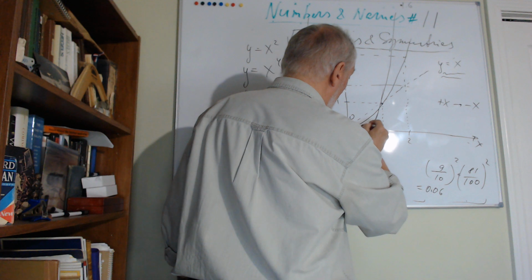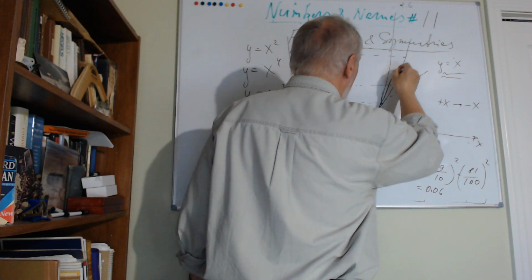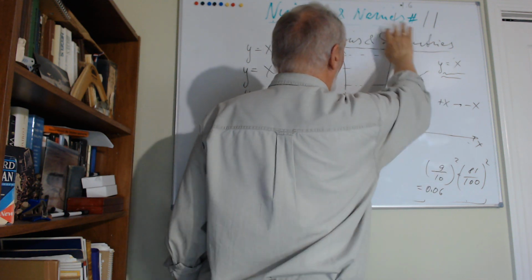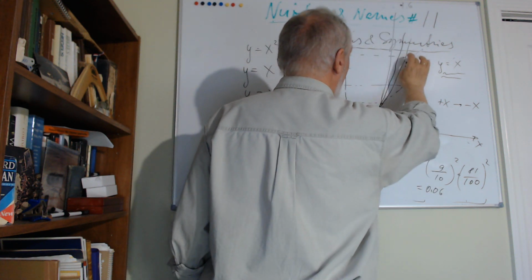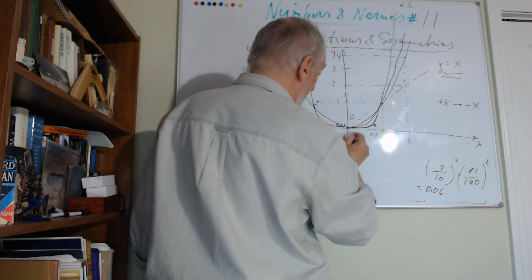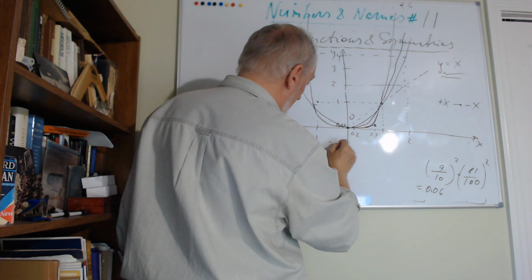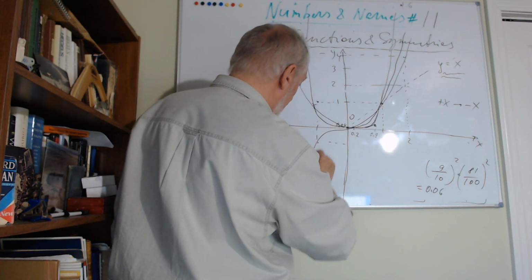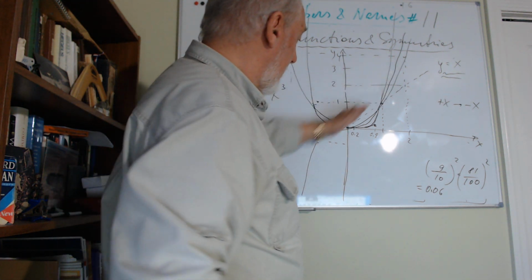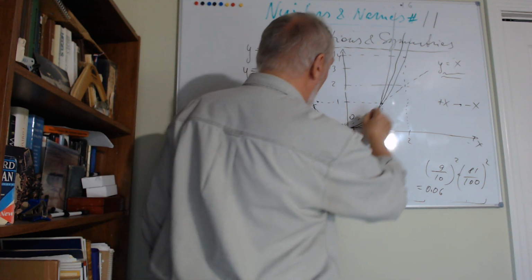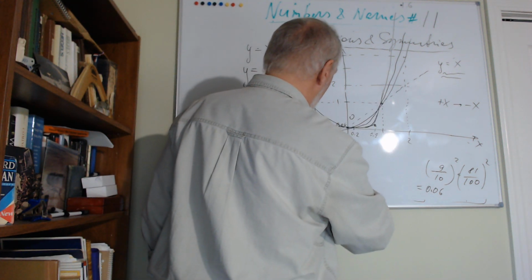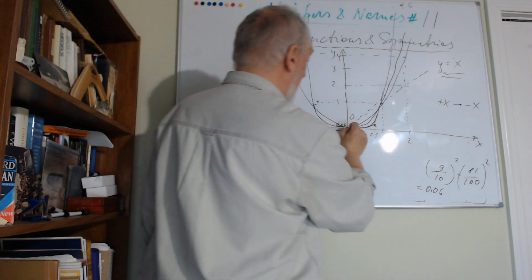So it goes slower than x to the power of 4, but faster than the power of 2. And here it goes like this. Central symmetry. Each point here corresponds to a point here against point 0.